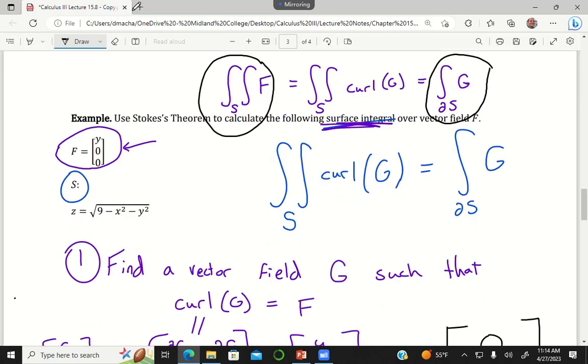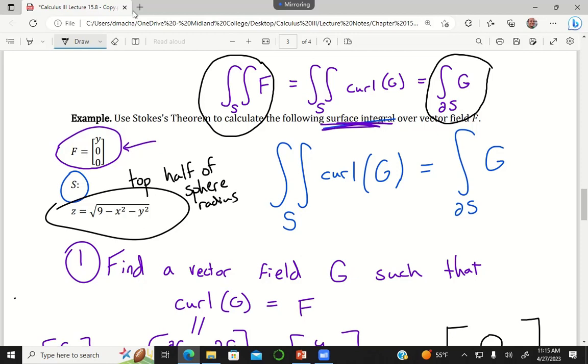And if I think about this surface, it is the top half of a sphere. And the sphere is going to be centered at the origin, and it's going to have radius what? Yeah. So the surface capital S, that's the top half of a sphere of radius 3 centered at the origin.